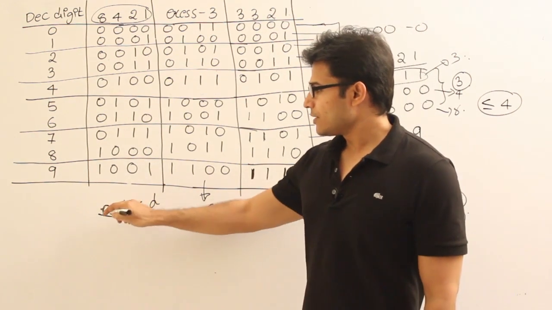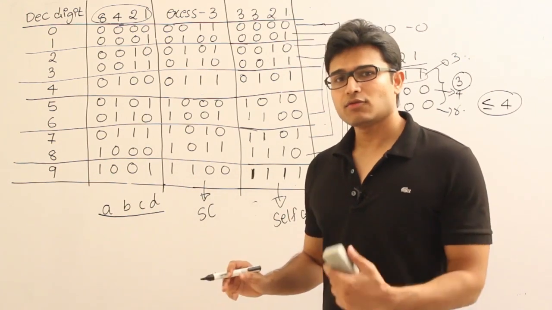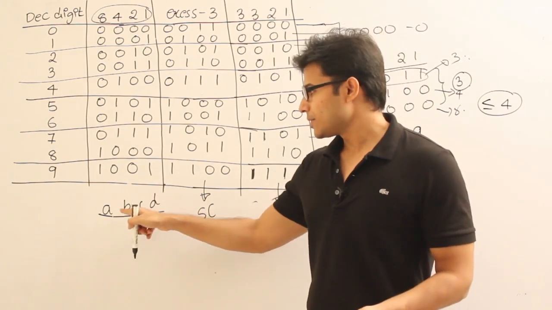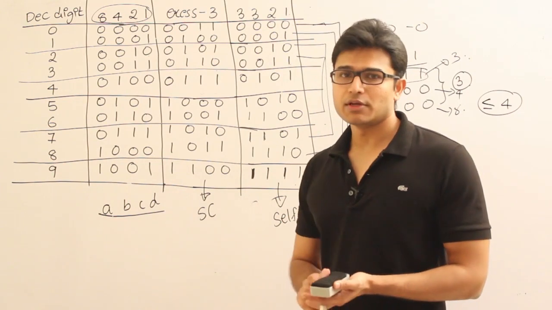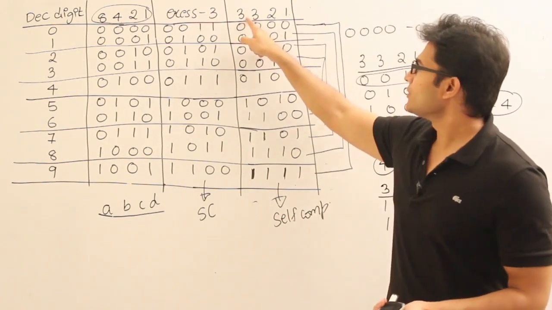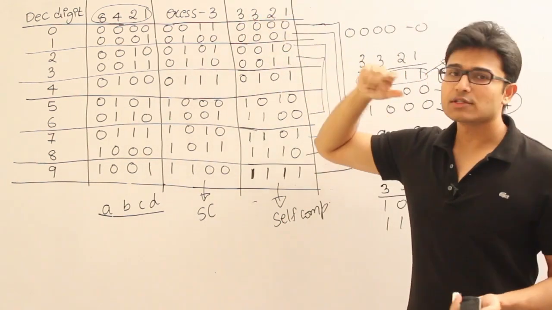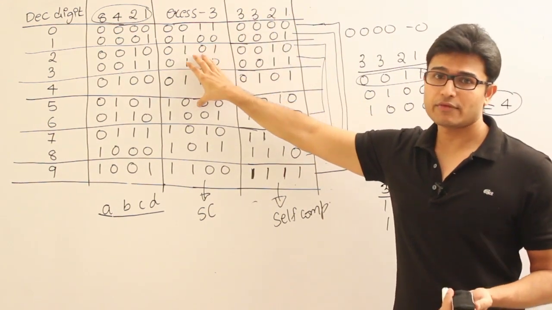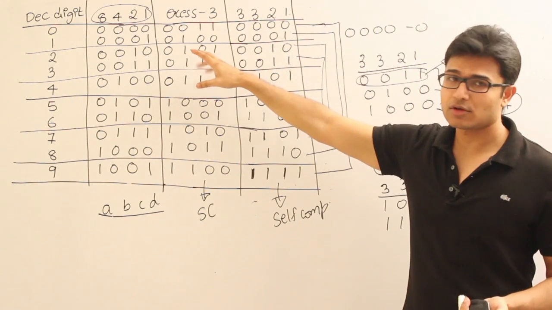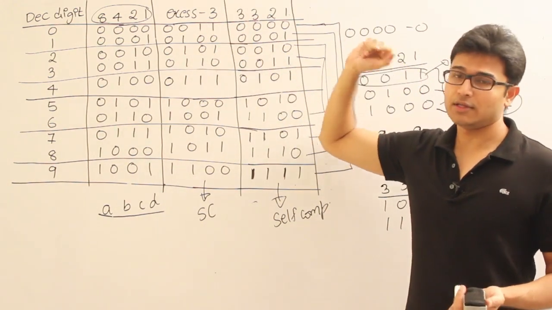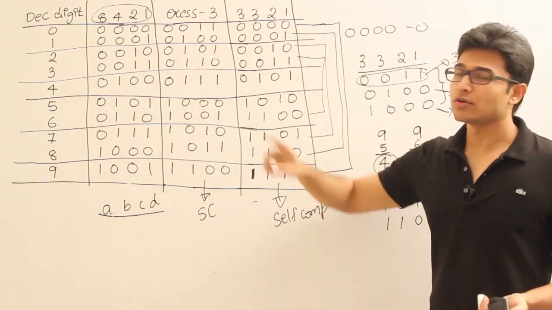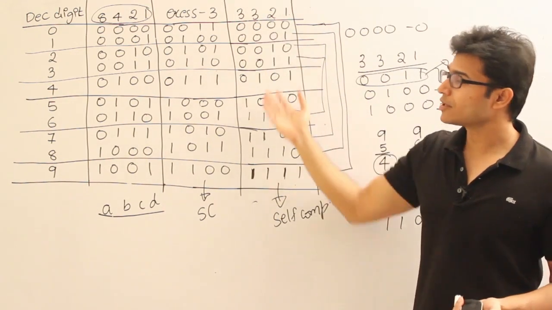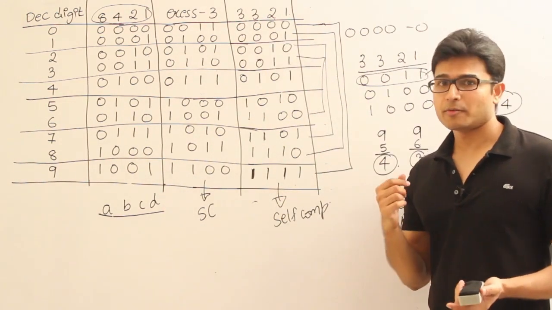If this code ABCD has to be self-complementing, then A plus B plus C plus D should be equal to 9, like 3 plus 3 plus 2 plus 1 is equal to 9. This is applicable only for weighted codes. It is not applicable for non-weighted codes, because there are no weights at all, so there is nothing to add and compare. In this case it is equal to 9, therefore we are able to make it self-complementing.